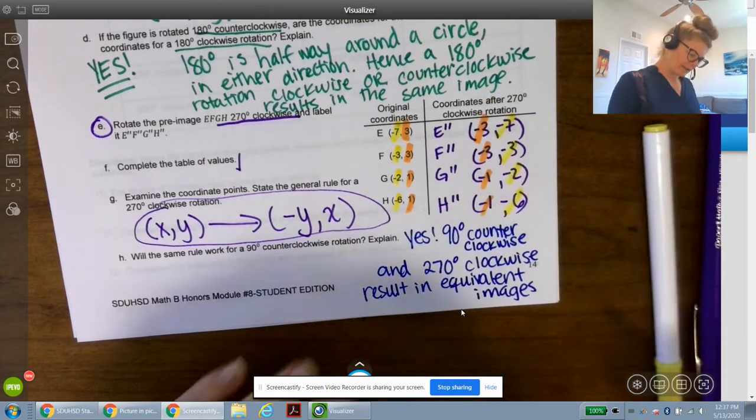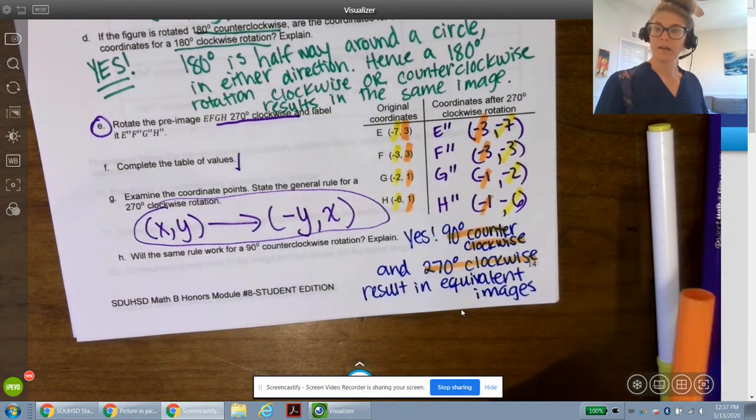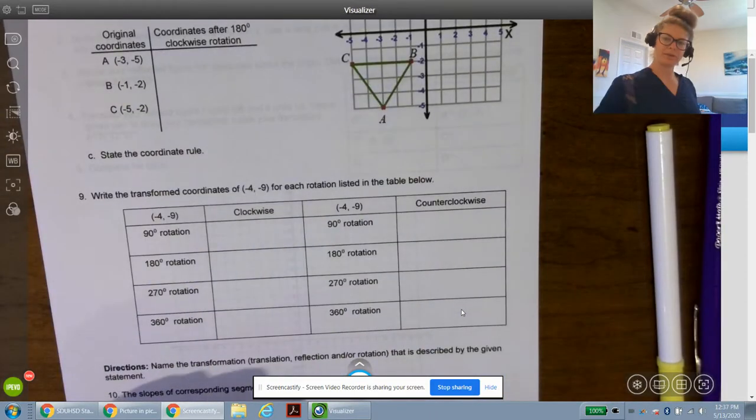Just for my notes so I can find that easier: 90 degrees counterclockwise and 270 degrees clockwise. It might be helpful soon. Okay, keep on keeping on.